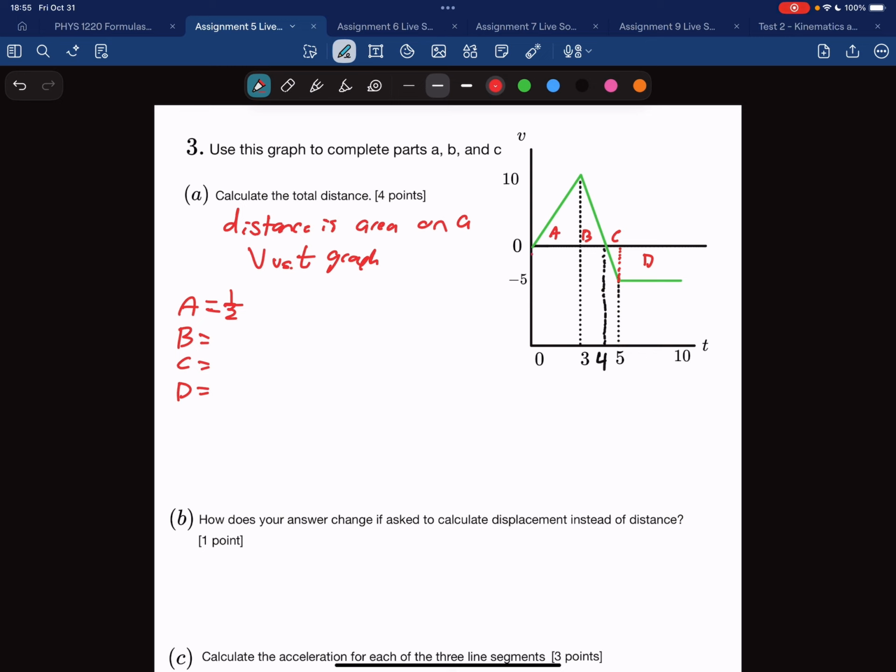My base goes from 0 to 3, so my base is 3, and my height goes from 0 to 10, so that's 10. For B, again, triangle, so 1/2 base times height. My base goes from 3 to 4, so that's 1, and my height goes from 10 to 0, so 10.